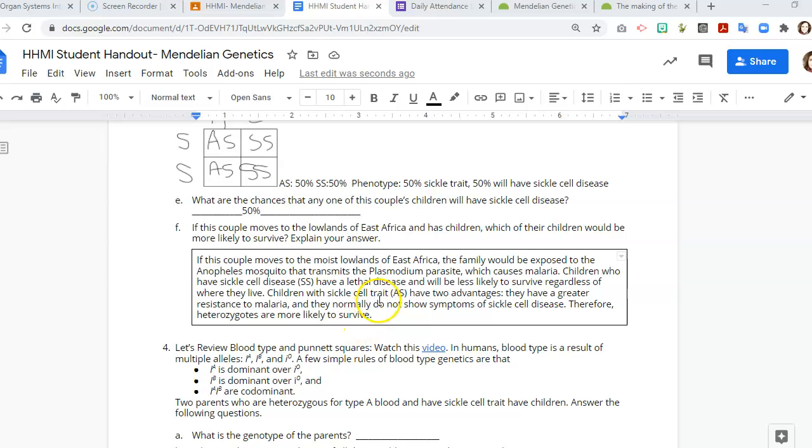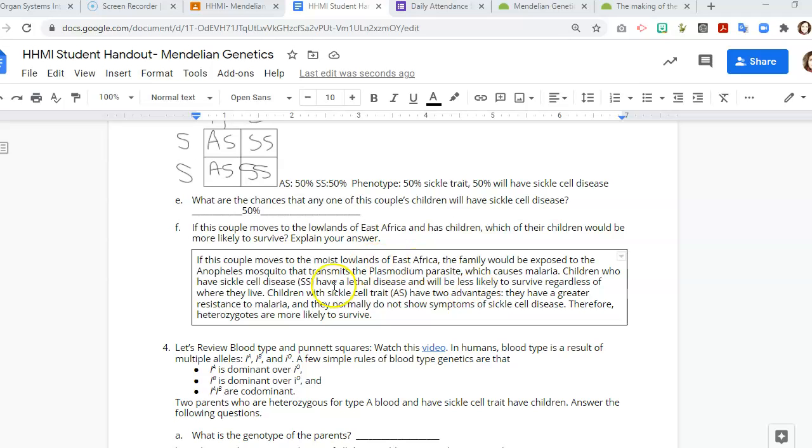Children with sickle cell trait have two advantages. They have a greater resistance to malaria because the malaria parasite is not able to survive in that heterozygous environment, and then they don't have full-blown symptoms of sickle cell disease. So therefore, heterozygotes are more likely to survive.